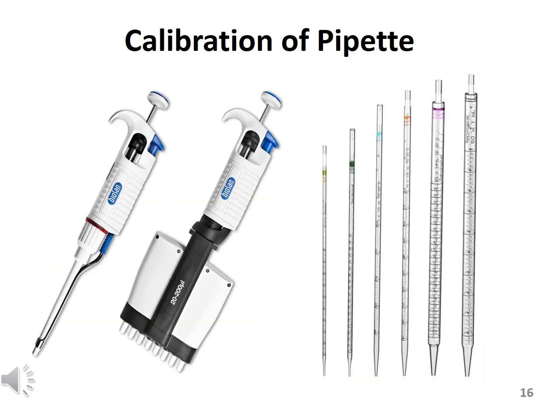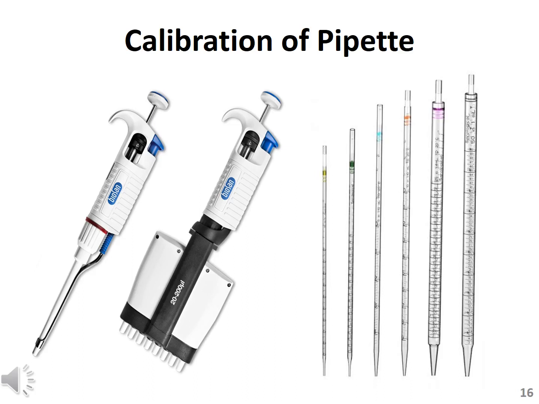In this slide you can see both types of pipettes. On the right side there are glass pipettes, which are of different volume capacity starting from 0.1 ml to 10 to 20 ml. These glass pipettes contain 0.1 ml or 20 ml of the volume of the solution that we are interested to measure.